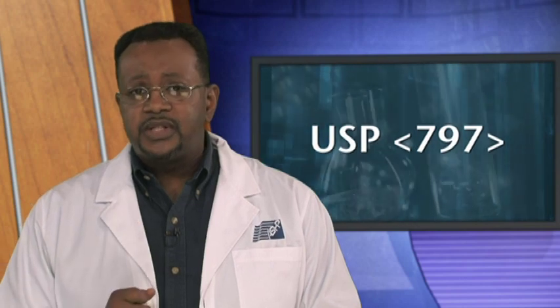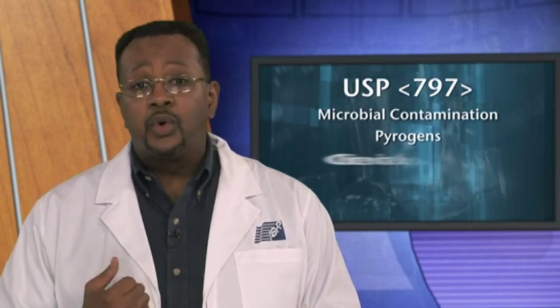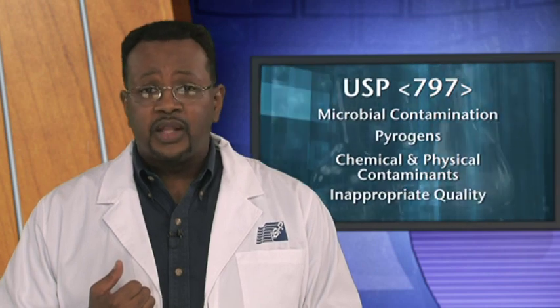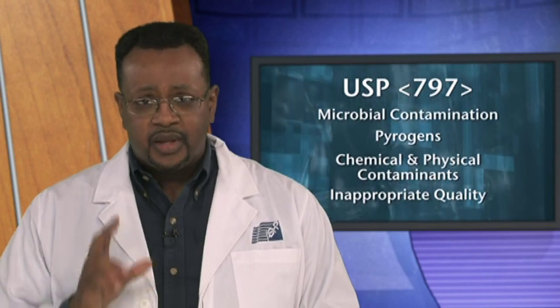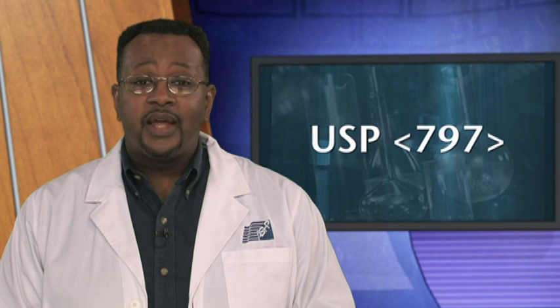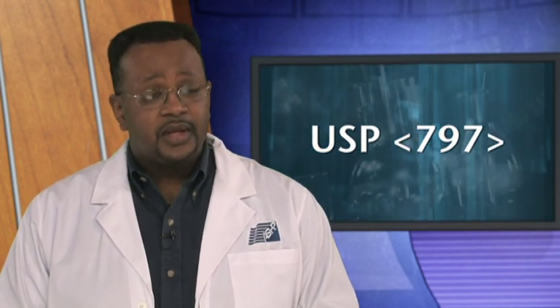The objective of this chapter is to describe conditions and practices to prevent harm or death to patients that could result from microbial contamination or non-sterility, pyrogens or chemical and physical contaminants, and ingredients of inappropriate quality in compounded sterile preparations, or CSPs. Now, you'll learn more about this topic from your instructor later in your studies. Right now, it's important to remember that the goal of Chapter 797 is to protect the patient.